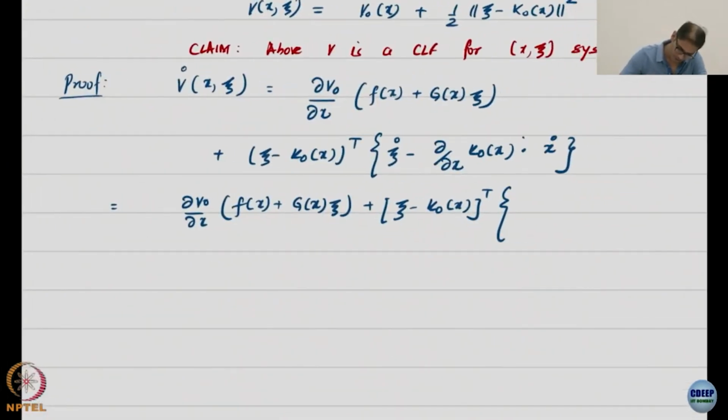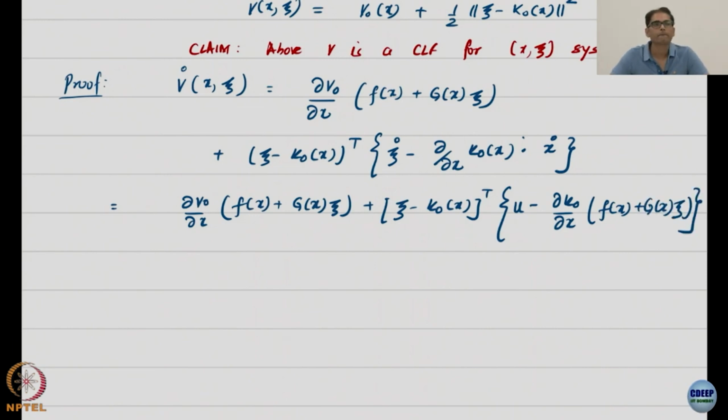So this is u minus del k0 del x times (f(x) plus g(x) psi). Okay, everybody is convinced this is fine. I have simply substituted for psi dot and x dot.